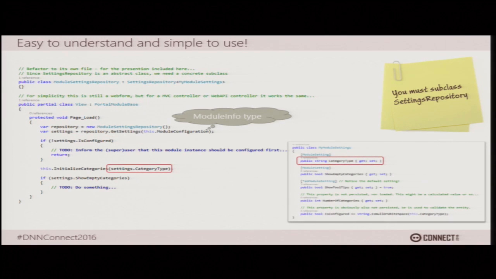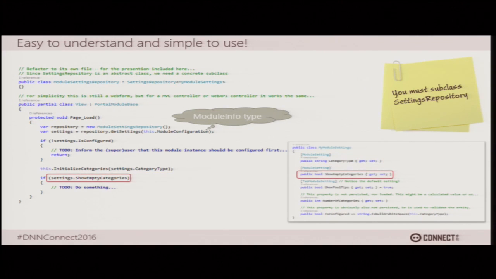Once these properties get filled, you can easily use them, and it's guaranteed that this value of category type in this settings object is actually the value configured as a module setting for this specific module instance. So no need to hustle that around.